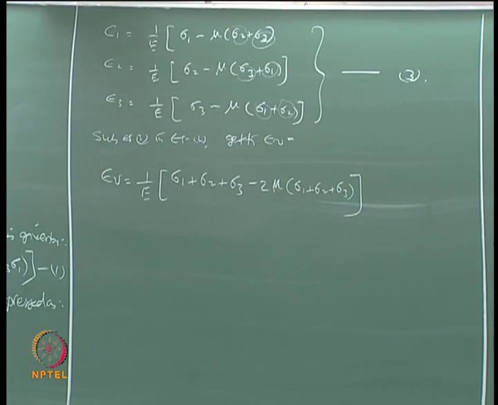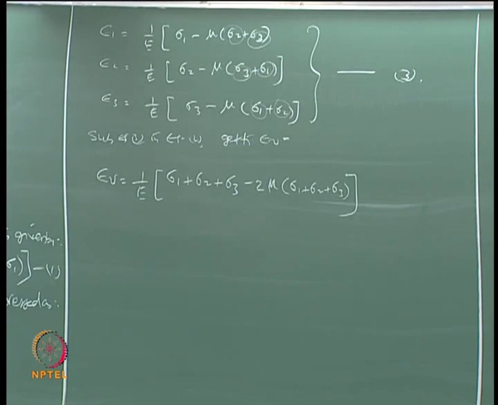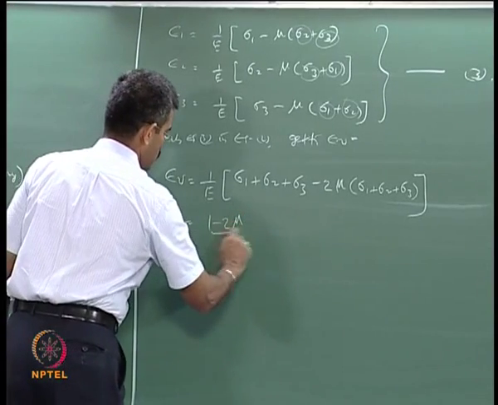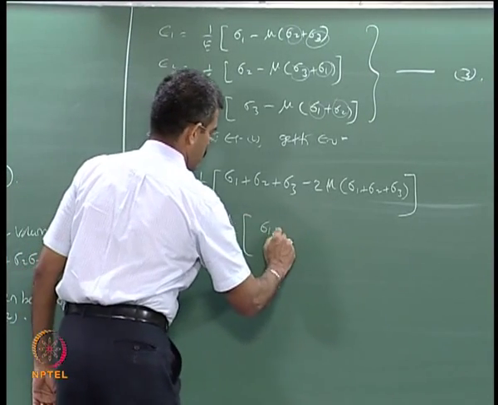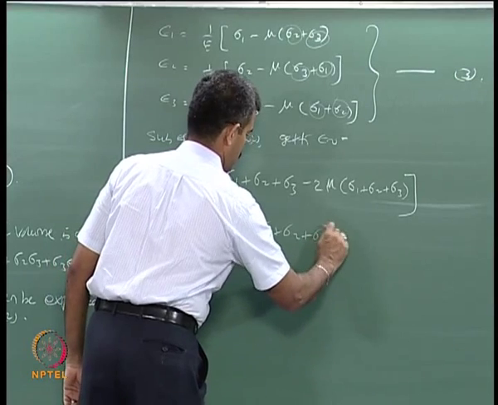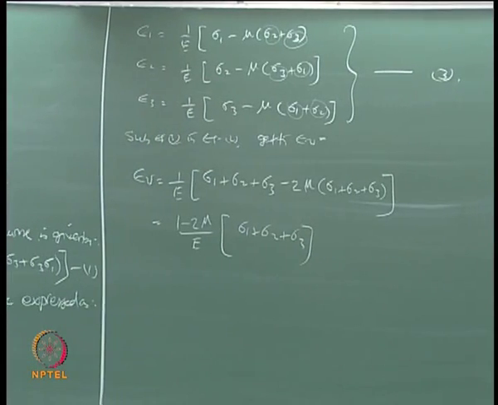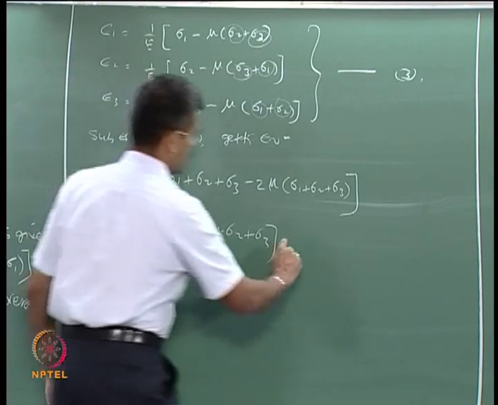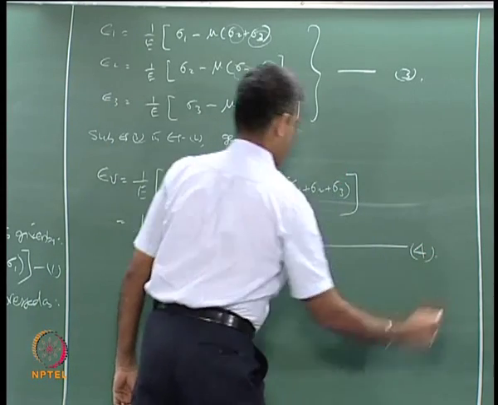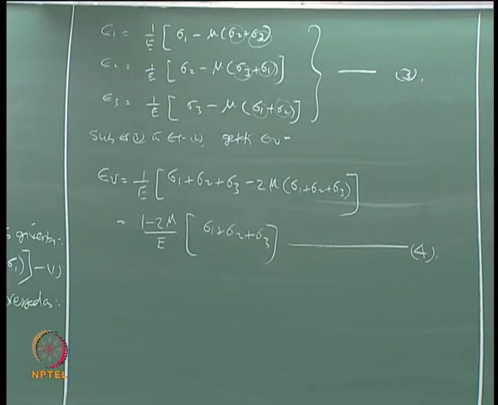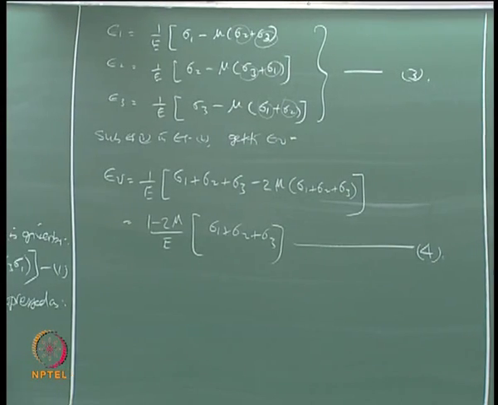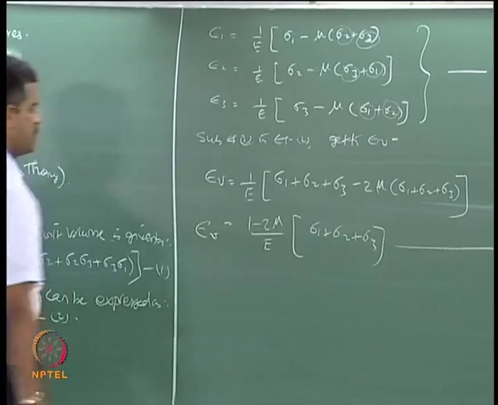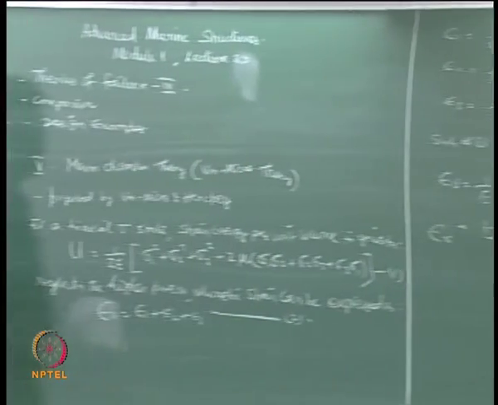So we can also write this as 1 minus 2 mu by E of sigma 1 plus sigma 2 plus sigma 3. Call this equation number 4. This is my volumetric strain, neglecting the higher powers of equation 1.